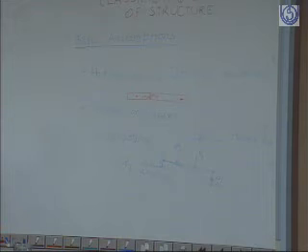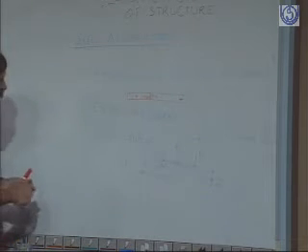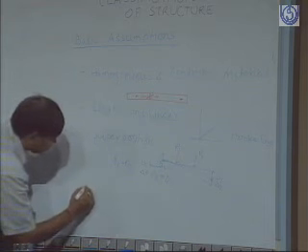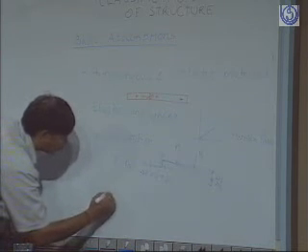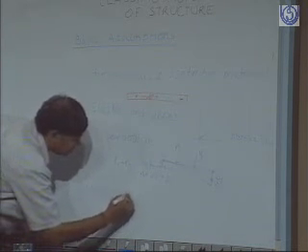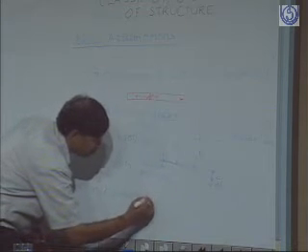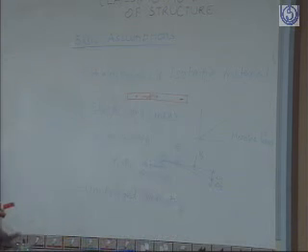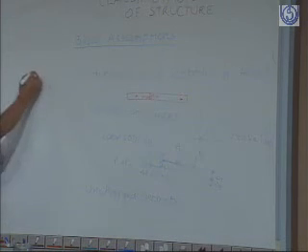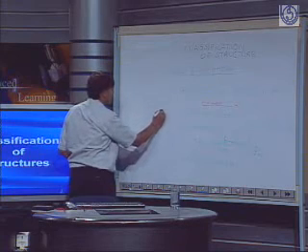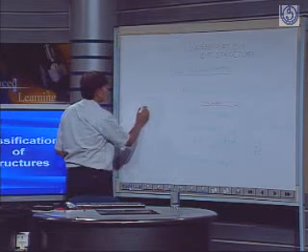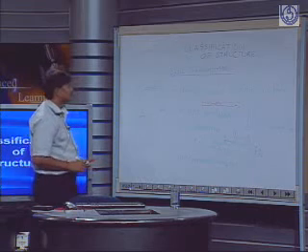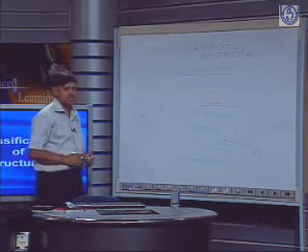And then one more assumption is there, that is unchanged geometry. It means that if a certain structure is there, and you are applying loads on the structure, its overall geometry will not change.